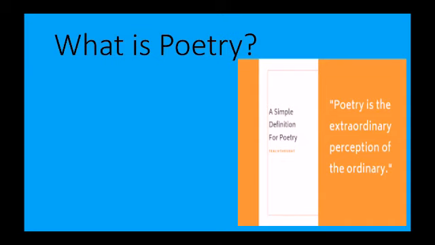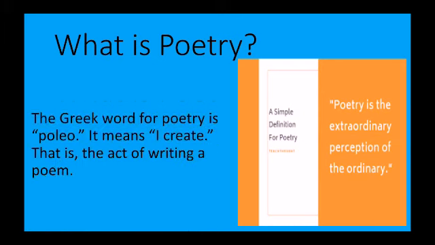What is poetry? What does poetry mean? Scholars have defined poetry as the extraordinary perception of the ordinary. So poetry has a way of portraying an ordinary thing in an extraordinary way.